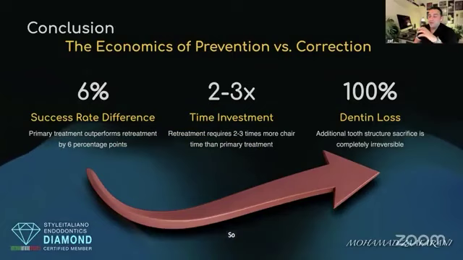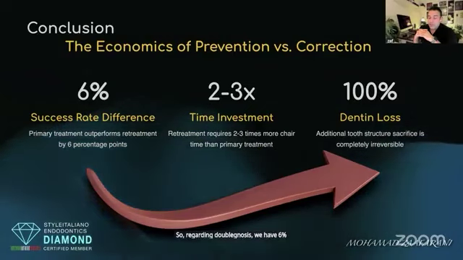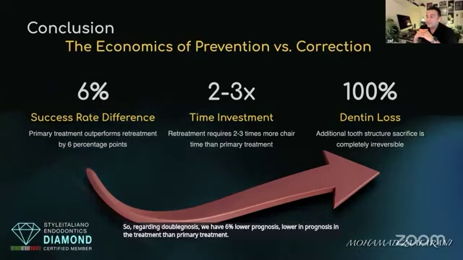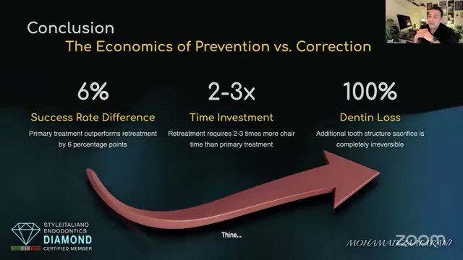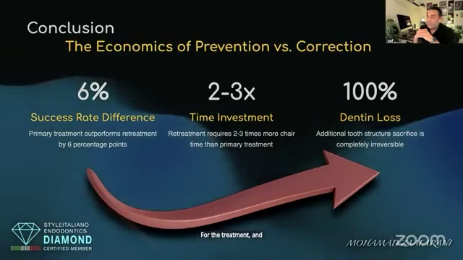Regarding the prognosis, we have 6% lower prognosis in retreatment than primary treatment. Time, 2 or 3 times more for the treatment, and 100% dentine loss.